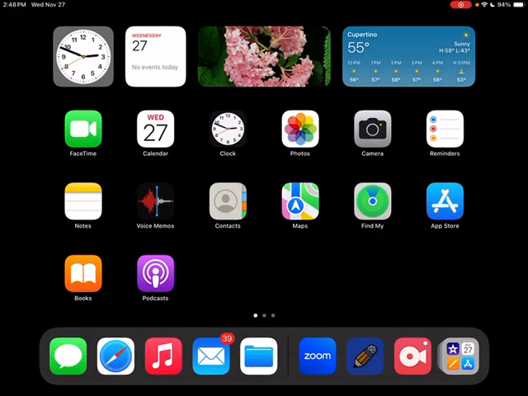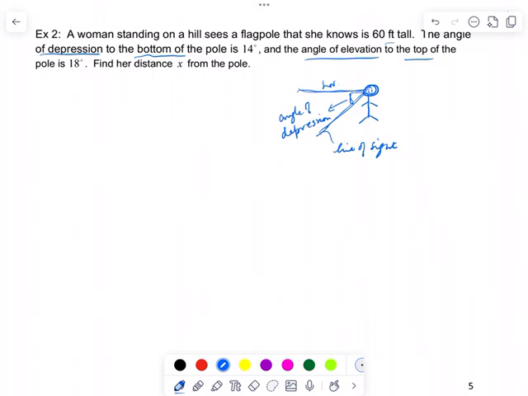And if someone is looking up at something, then this is the horizontal and this is the line of sight. So this angle is called the angle of elevation.